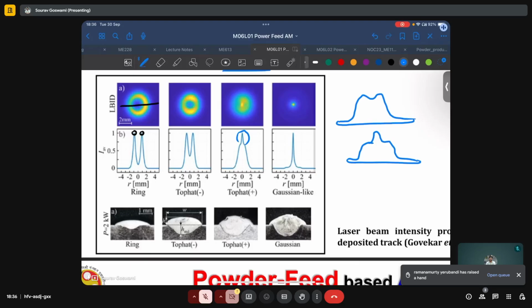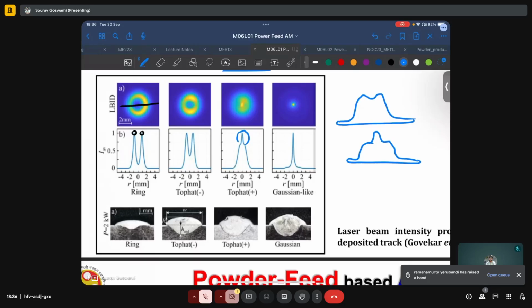And depending on these various types of beam profiles, the cross sections of the bead you can get are very different. For the ring profile, the melt pool is still deepest at the center and narrow at the edges, but the difference in depth is not very high. For top hat minus and top hat plus, we see that the dilution at the center of the melt pool is gradually increasing, whereas the width of the bead is decreasing.